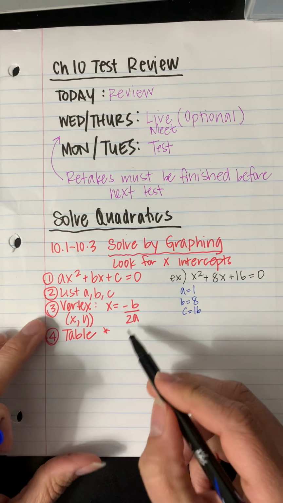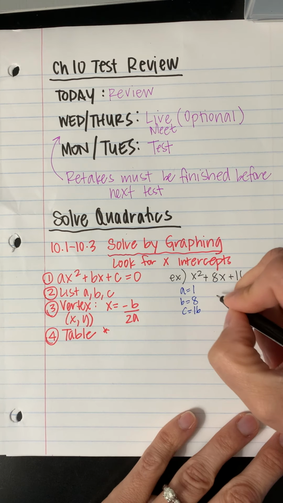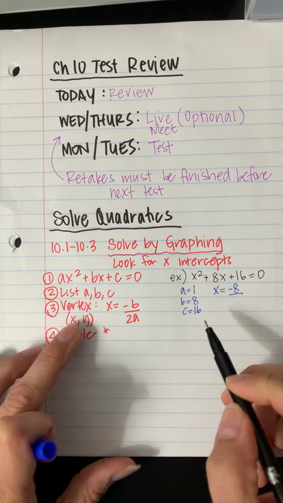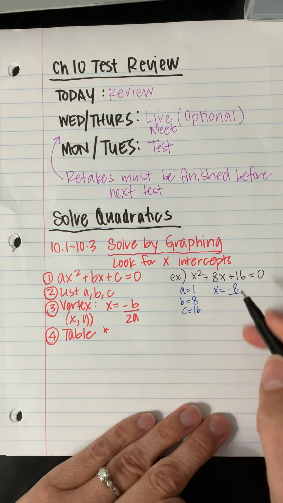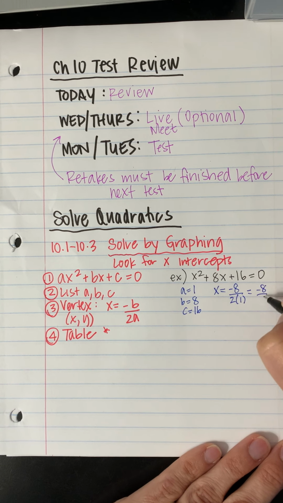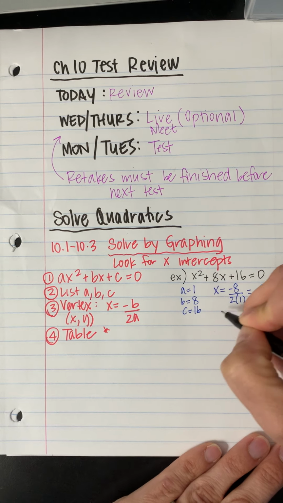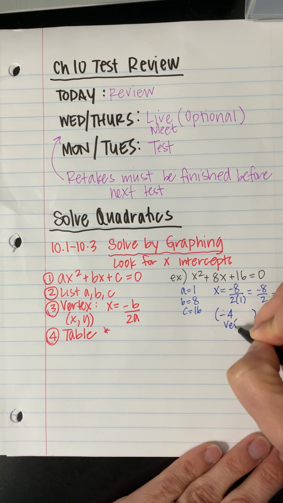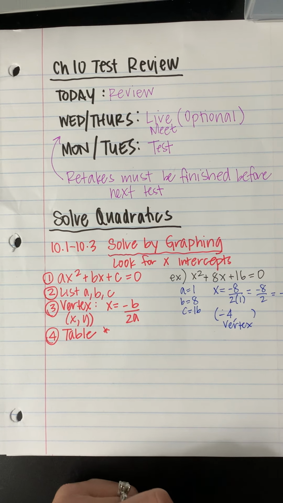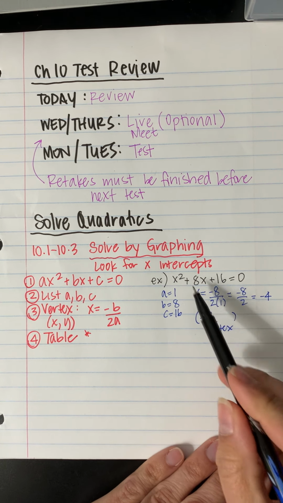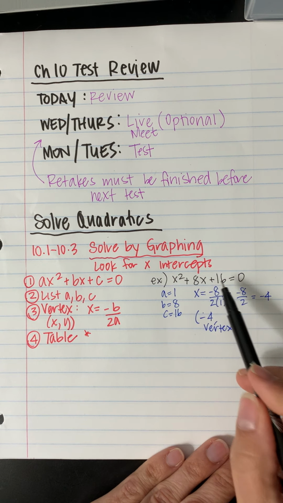Once I know that, then I need to find our vertex. So I'm going to do negative b over 2 times a. So negative 8, opposite of b, so negative 8 over 2 times a, which is just 1. So my x coordinate, my vertex, is a negative 4. Oops. So I need to find the y coordinate by putting this back into this equation.